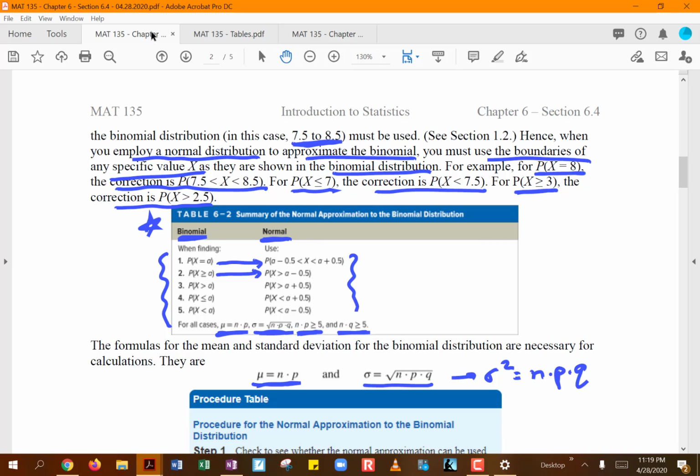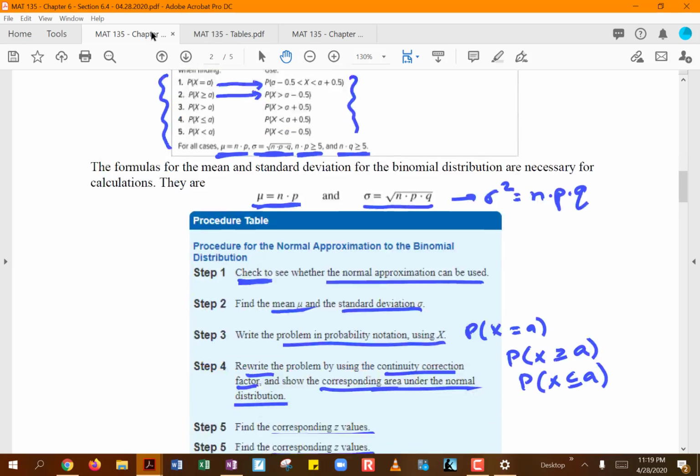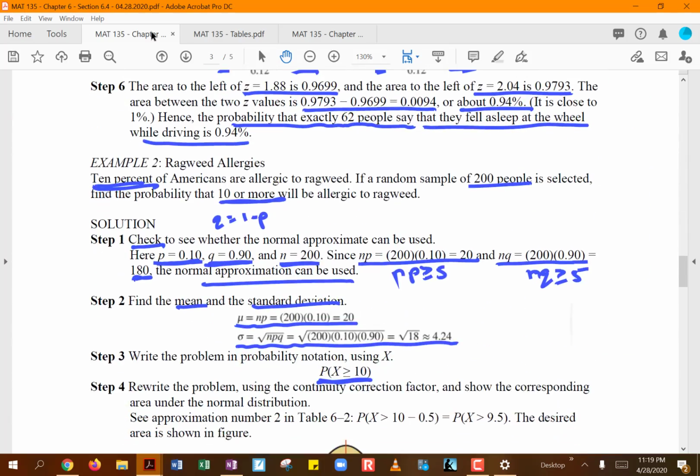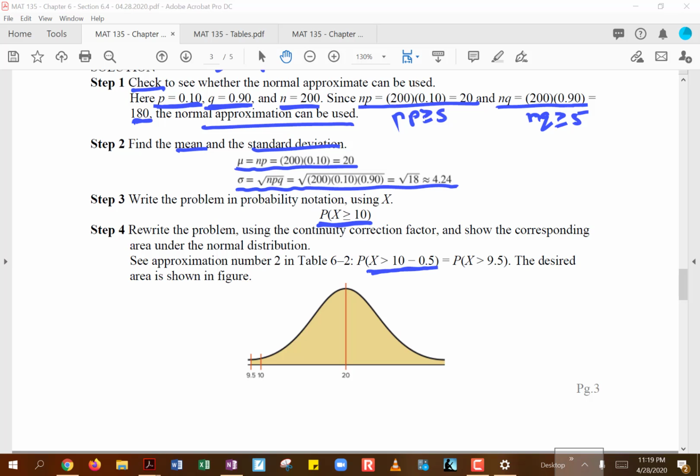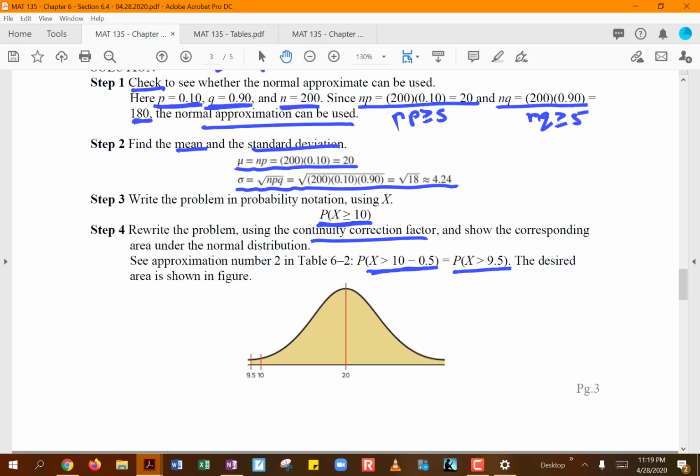So our correction factor here is going to be probability of x being greater than 10 minus 0.5, or basically probability of x being greater than 9.5. So if you think about 9.5 being here and we're talking about greater than, then this would be our shaded area that we're trying to find the probability for. Okay, so find your continuity correction factor, and then of course do your little diagram.